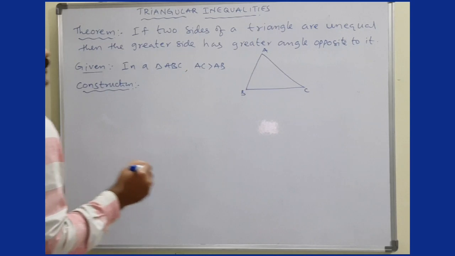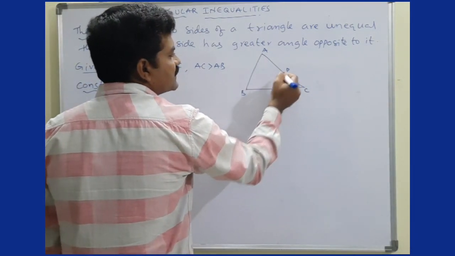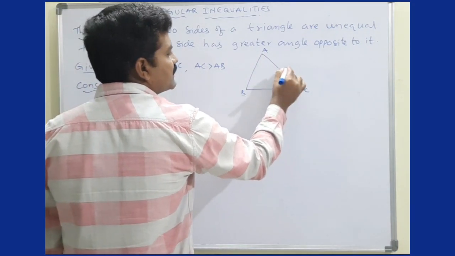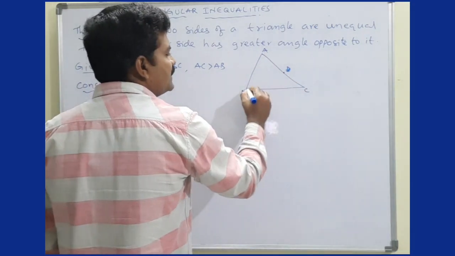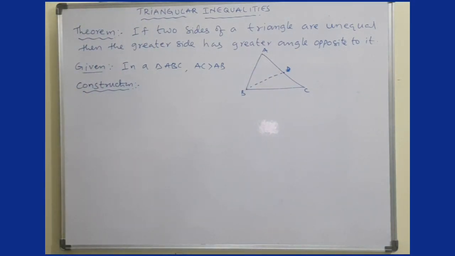Mark a point on AC. Suppose say this is D, such that AD is equal to AB.